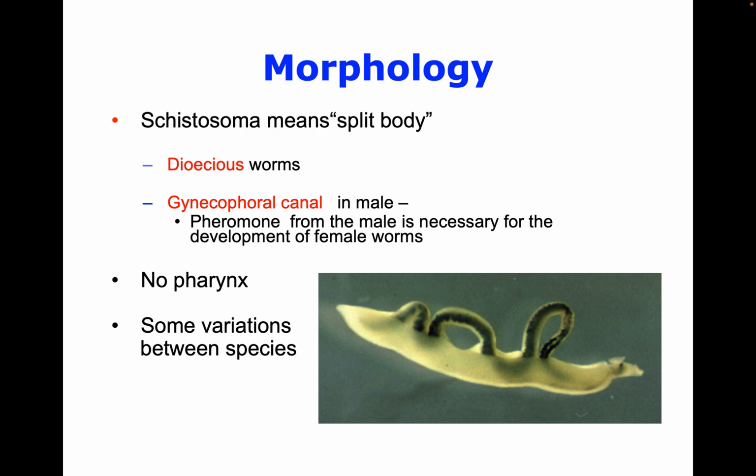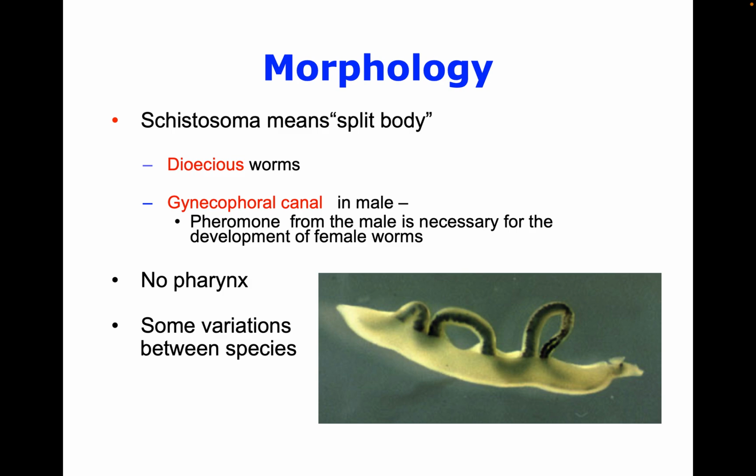Otherwise, they just stay in the larval form. And these flukes don't have a pharynx, and there are some slight variations between different species.